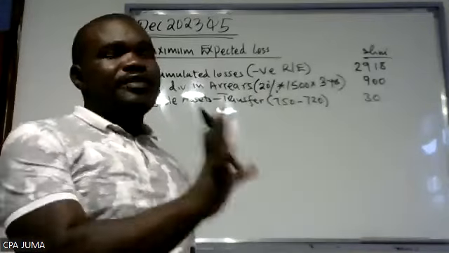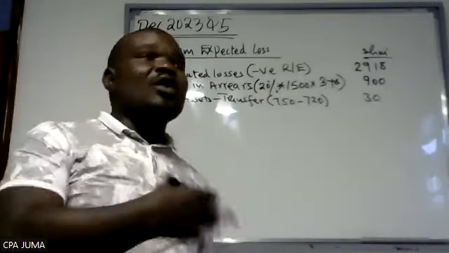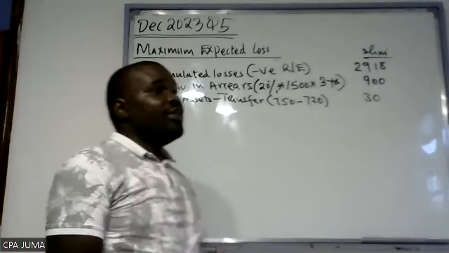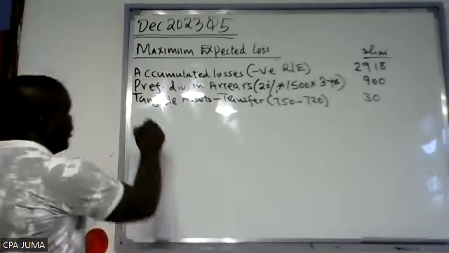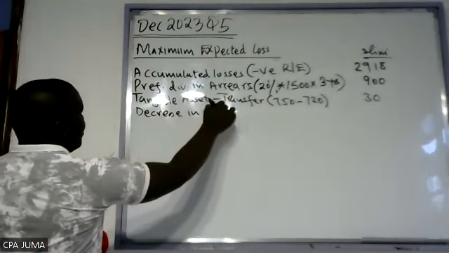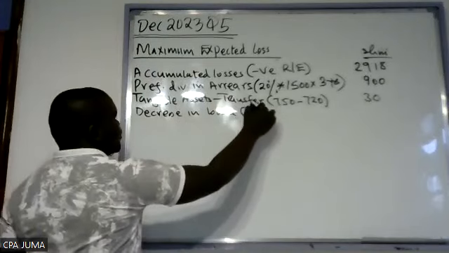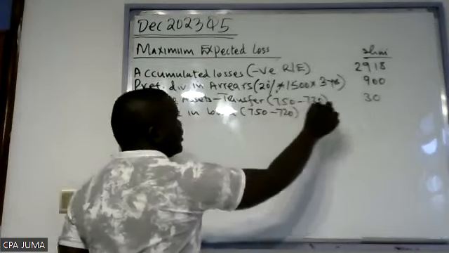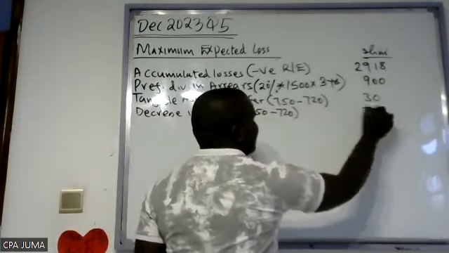Provided you understand, when we transfer, it is a loss to us. It's like our asset has been devalued to the tune of 30. Then the bond, decrease in bond, the 750 minus the 720, so that is 30.